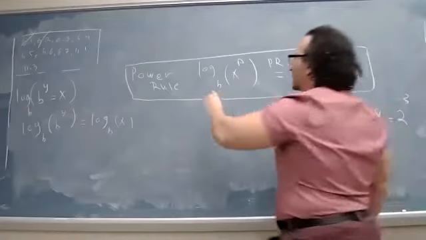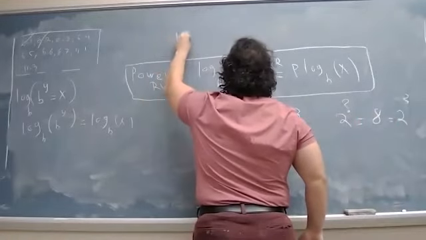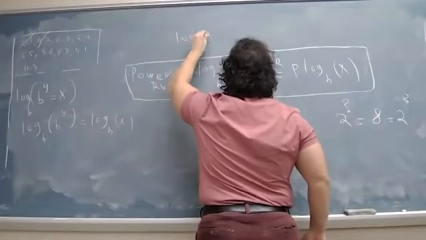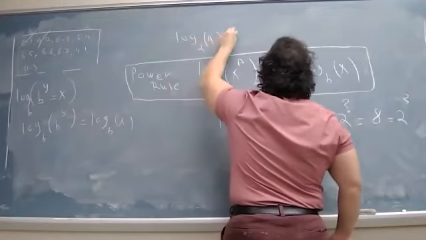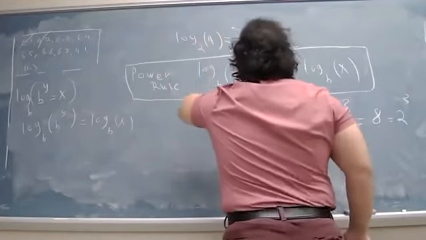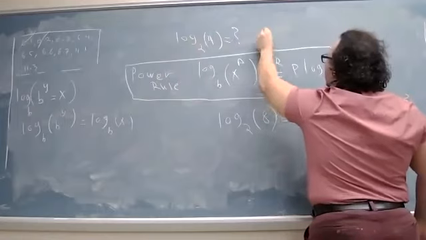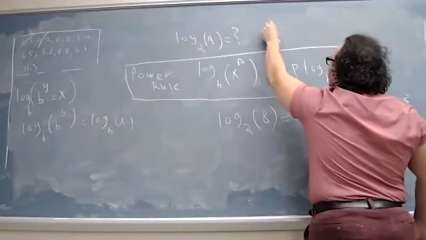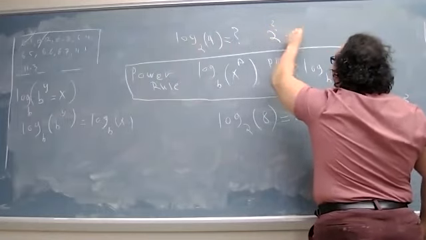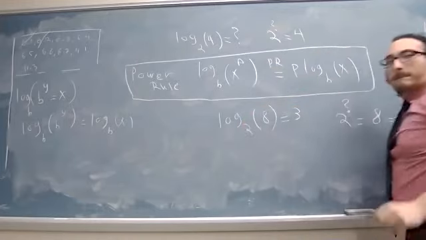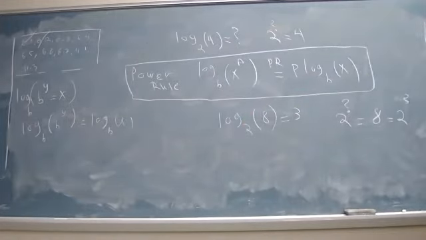What is log base 2 of 4 equal to? That is a question. It's saying 2 raised to what power will equal 4? Anyone can give me an answer to that?